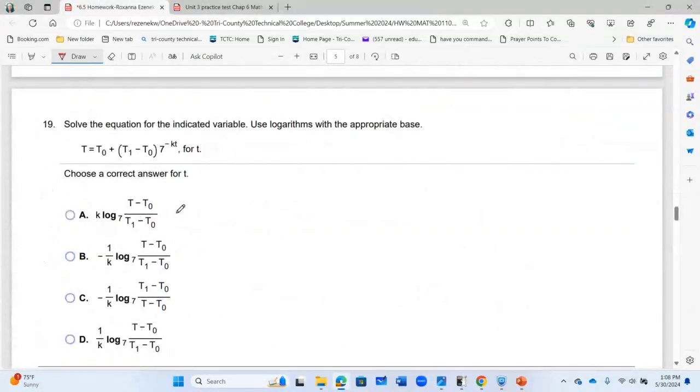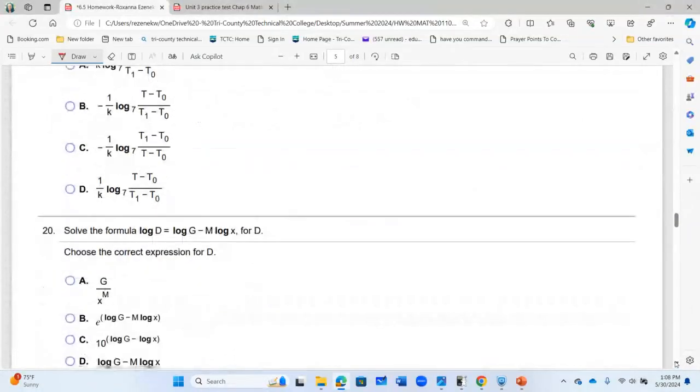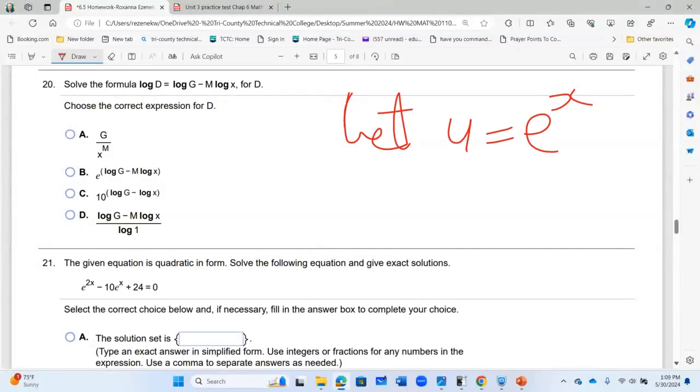Even though this looks ugly, you can isolate them. You should be able to isolate them and solve for the missing variable. Given the equation is quadratic, solve the equation and give the exact solution. Well, we can say, in this equation, let u be equal to e to the x.